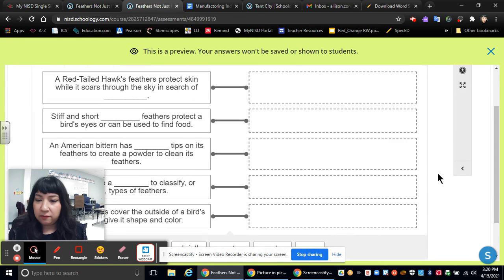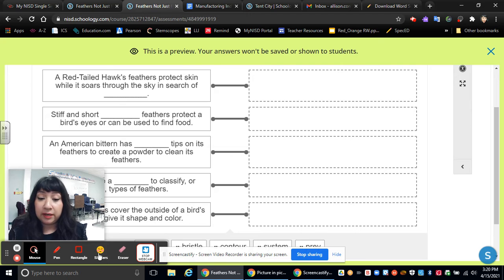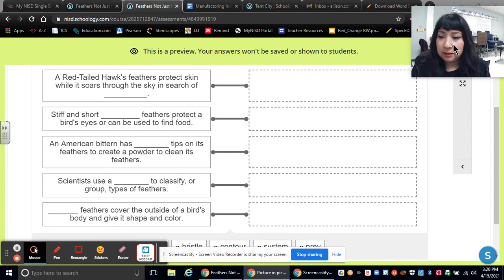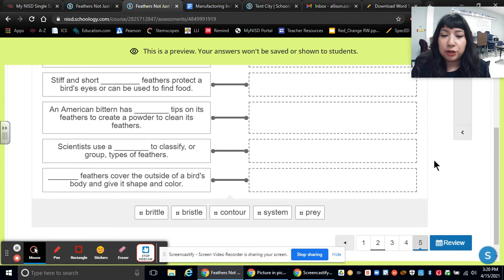And then 5, you're really going to need to open the text because my best advice is to go look for the vocabulary words in there. So you're going to look to match these vocabulary words: brittle, bristle, contour, system, and prey.